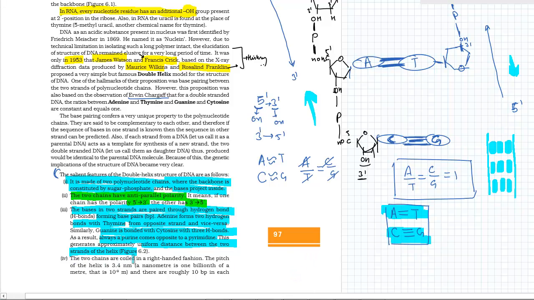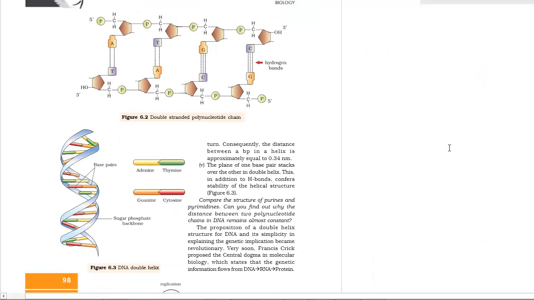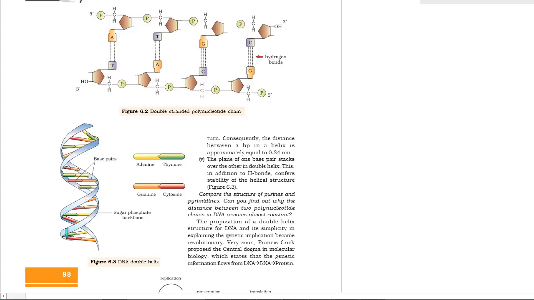The 2 chains are coiled in a right-handed fashion, which you are supposed to see in the 3D structure. So this is the double helical structure of the DNA. As you can see, this is the backbone, and this is the direction in which you are going.